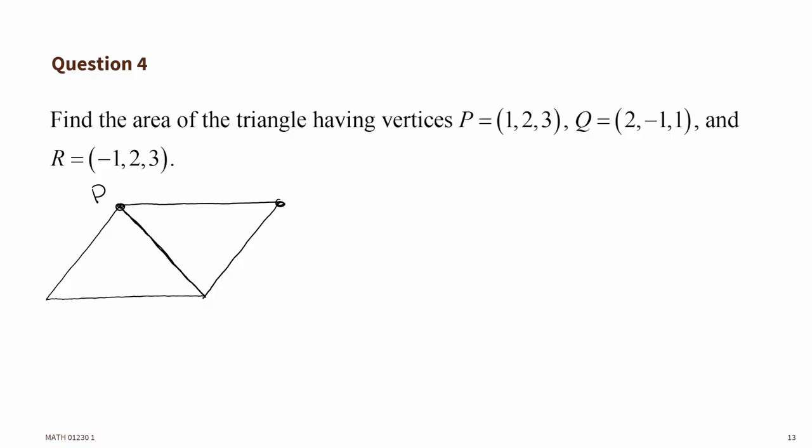Call that P, call that one Q, call that R. Well, if you look, PQ and QR are adjacent sides of a parallelogram, right? So if we find the area of that parallelogram and cut it in half, don't we have the area of that triangle?